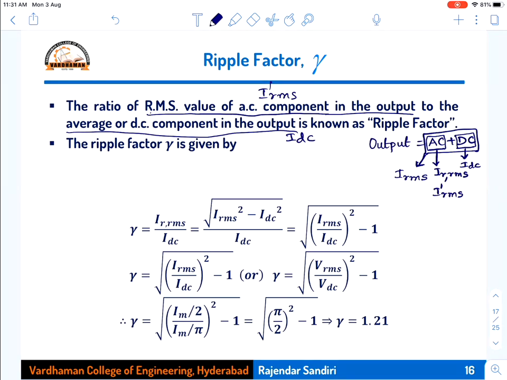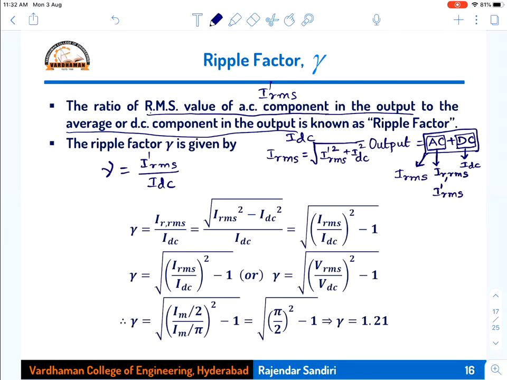Now the definition will be gamma is equal to I dash RMS by IDC. Now, what is the relationship between all these three, IRMS, I dash RMS, and IDC? It is just a combination of AC plus DC. Therefore, I can write IRMS is equal to under root of I dash RMS square plus IDC square.